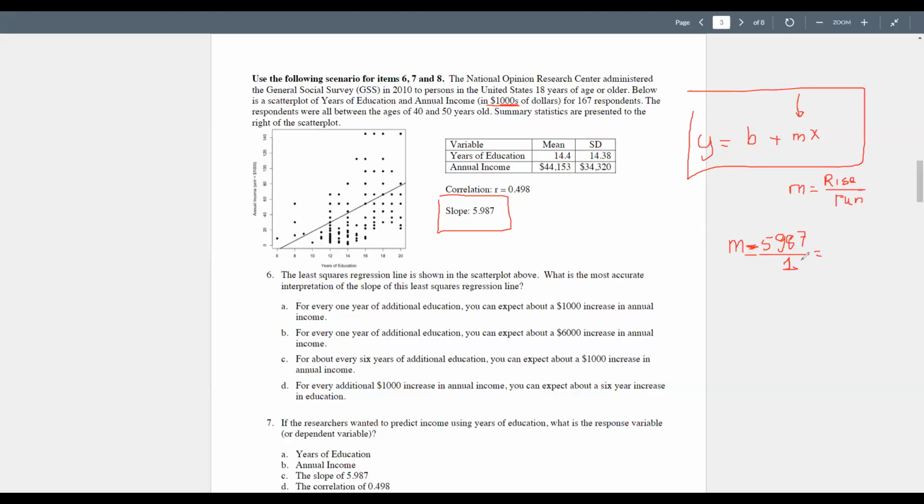So we say for every, you know, this is the rise over run. The problem that we have, this one is year, and this one is the year of what? I'm sorry, this is year of income.